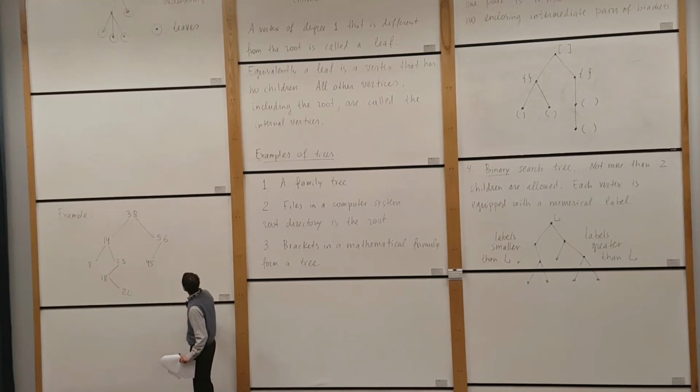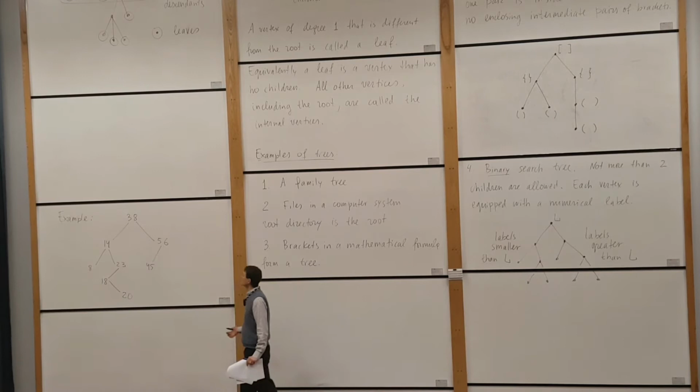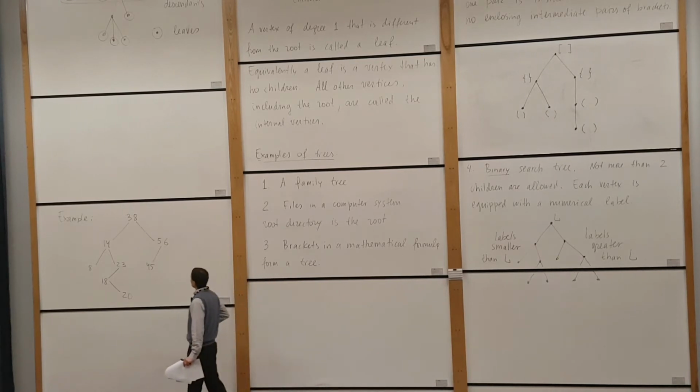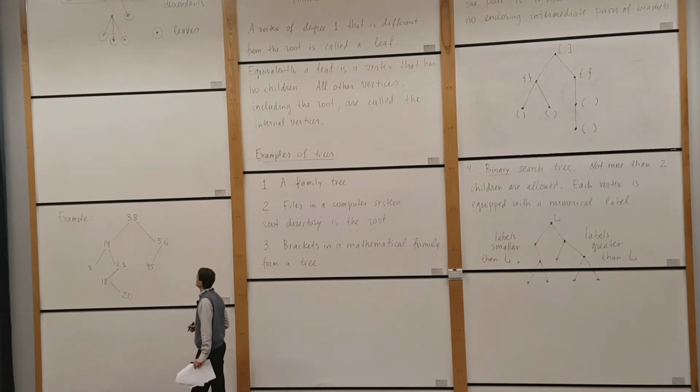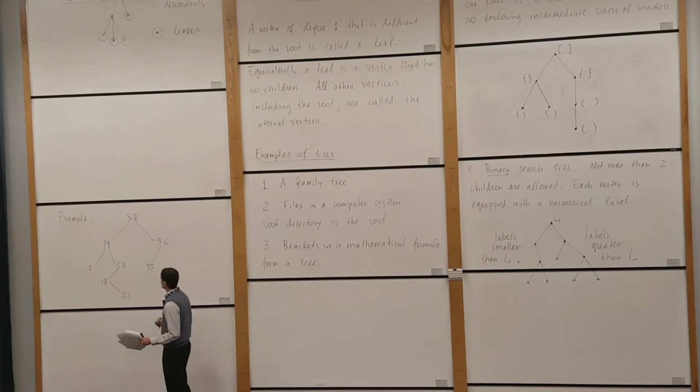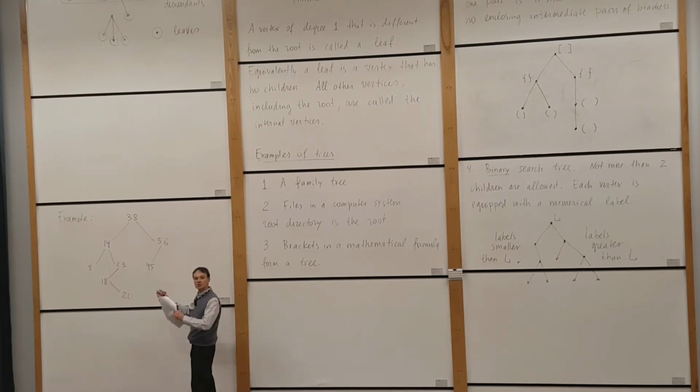So if you have such a tree, it's convenient to use it to store objects. Again, you can think of it, say, as a directory system or file system on a computer, or some other database which is simply organized in terms of a tree.